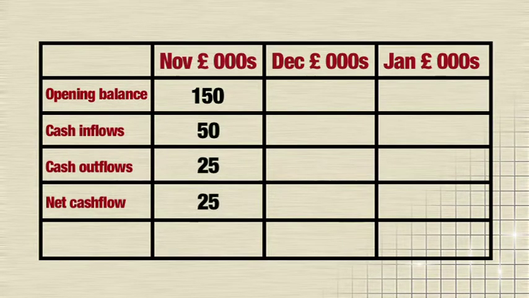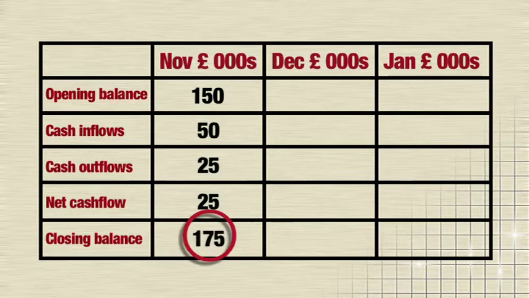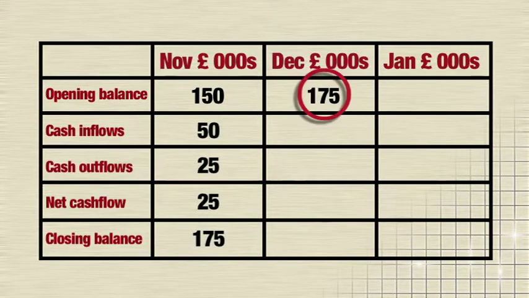The last thing to work out is the closing balance. To do this, you add the opening balance and the net cash flow. Here, it's £150,000 plus £25,000. The closing balance of £175,000 then becomes the opening balance for the next month, like this.